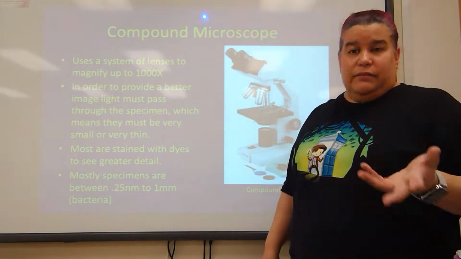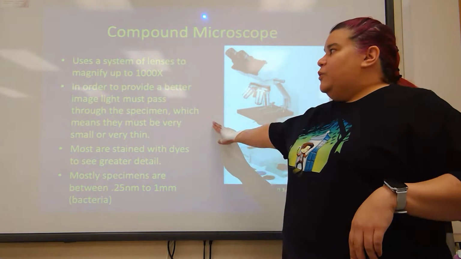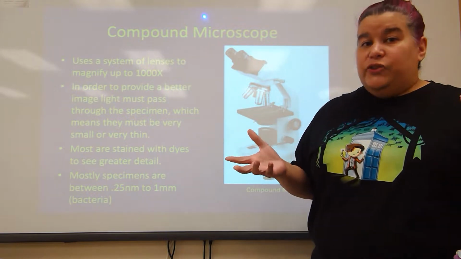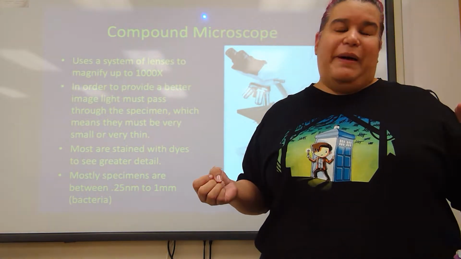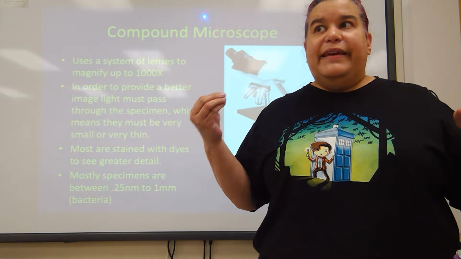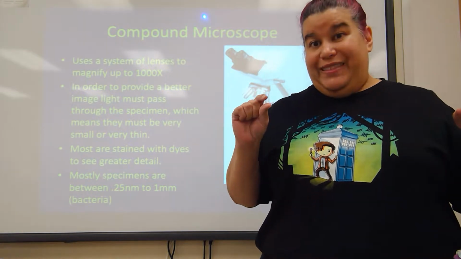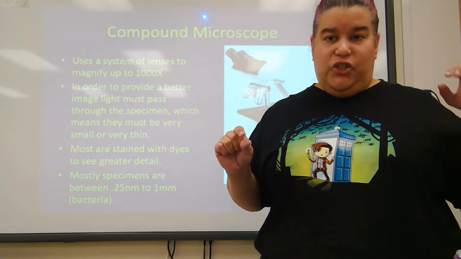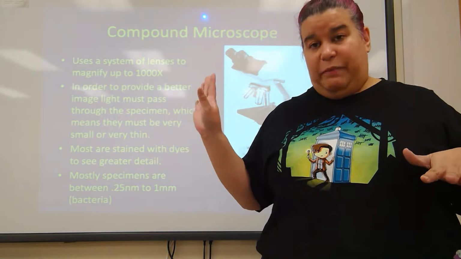In order to provide a better image, though, light actually has to pass through whatever you're looking at. If you've got something that is very, very thick, the light won't pass through it. You won't be able to use this type of microscope.